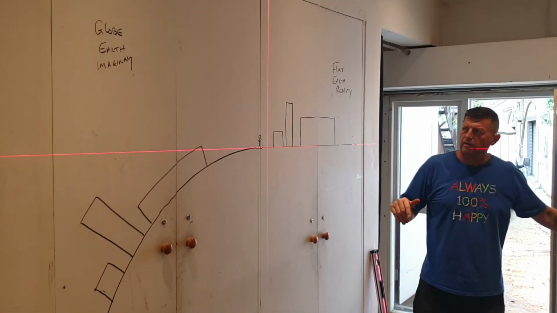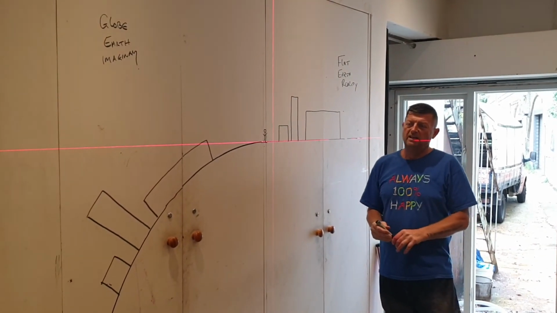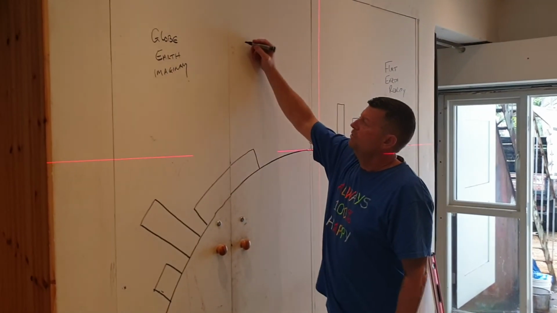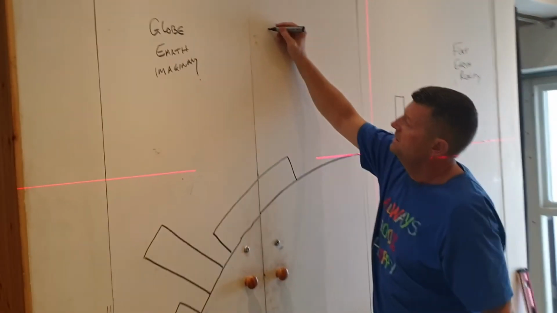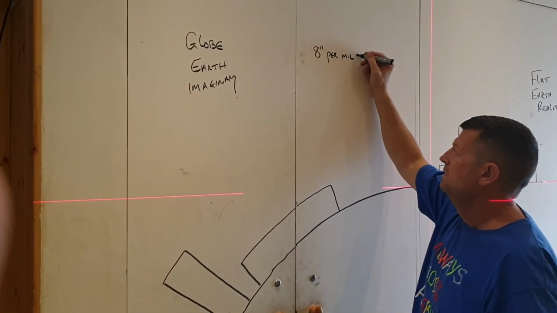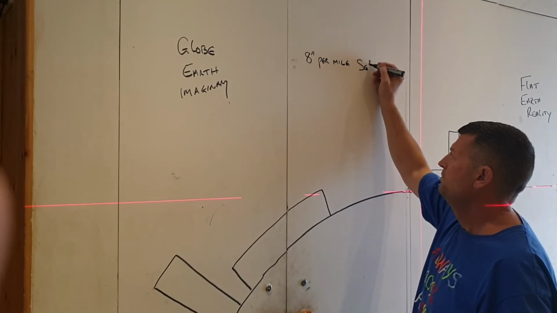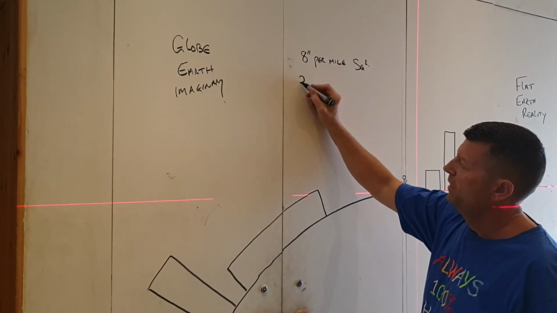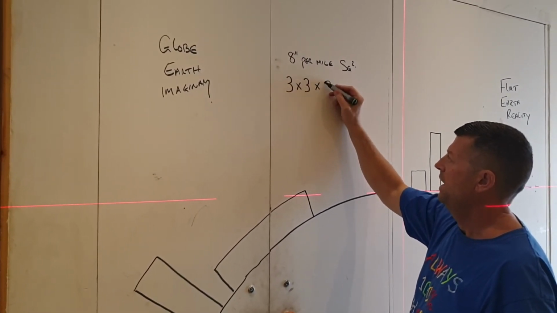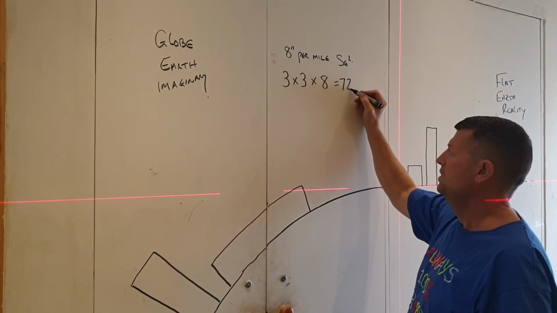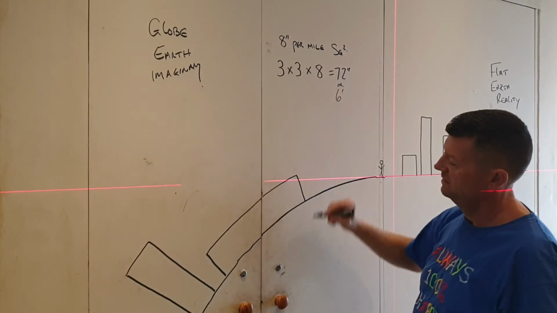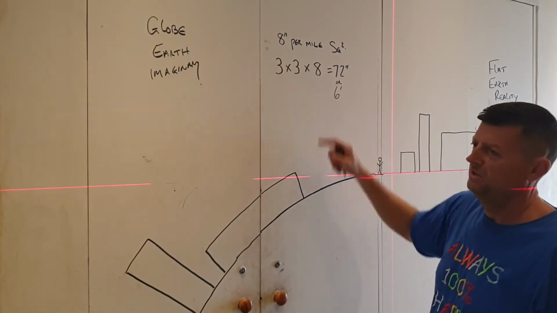For the globe earth, you have to use what they tell us is approximately 24,000 odd miles around. You've got to use the formula to calculate this. It's 8 inches per mile squared. For example, 3 miles times 3 squared times 8 equals 72 inches, or 6 feet, and that's just over a 3 mile distance.